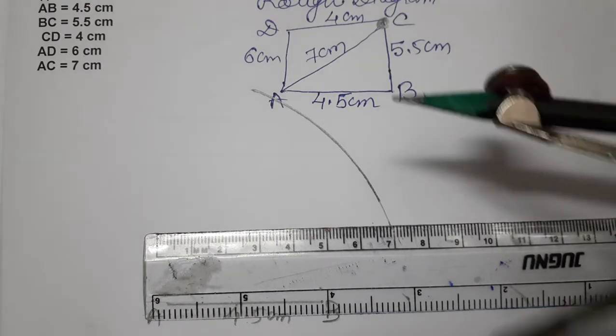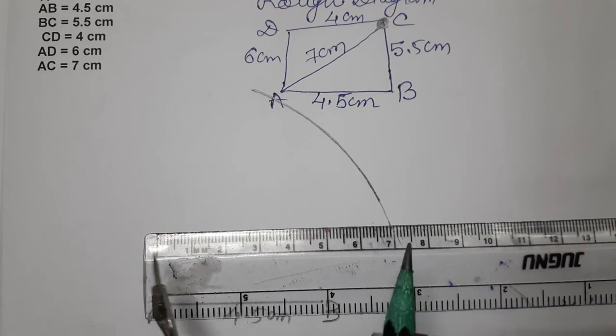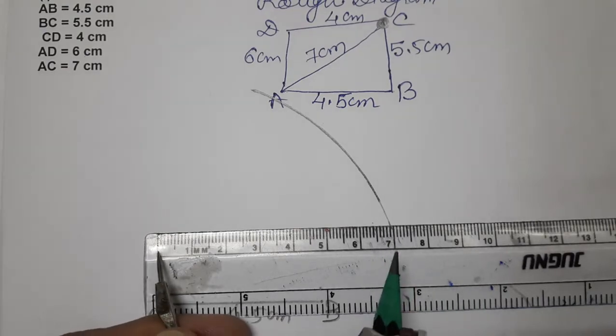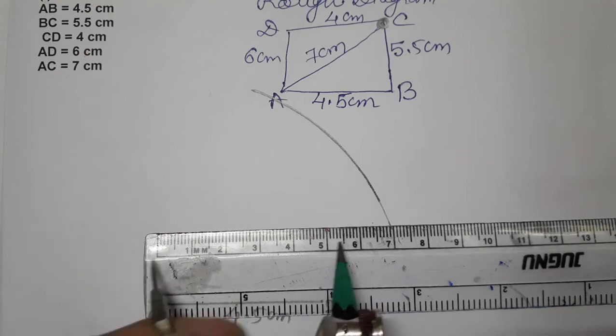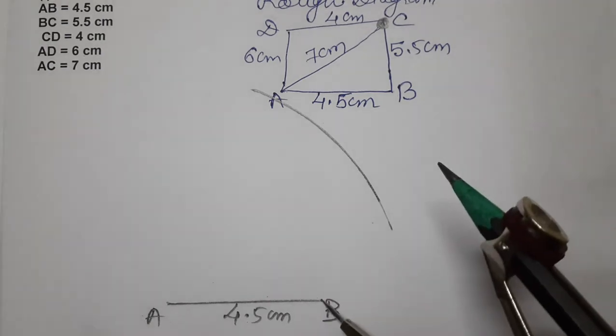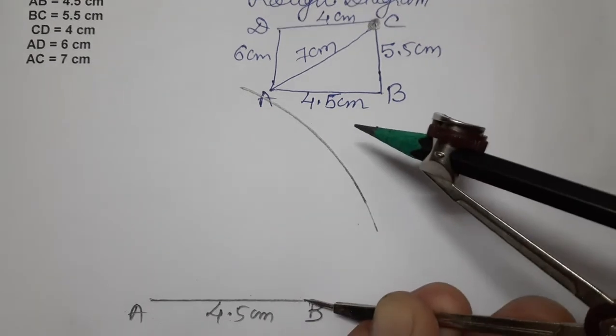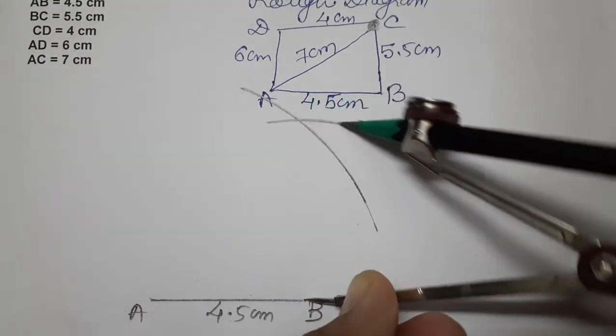Now B to C, we have to draw BC 5.5 centimeter. So again measure with the help of ruler 5.5 centimeter. This is 5.5. Now take B as center and arc radius 5.5, and we are cutting the previous arc.